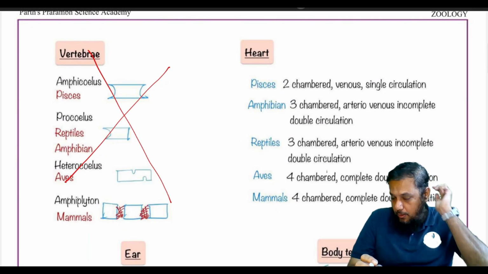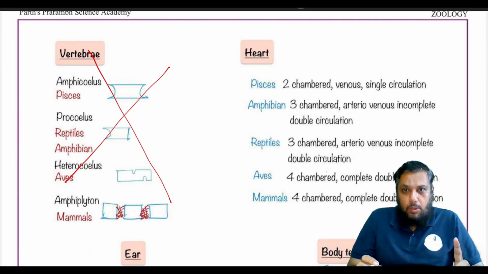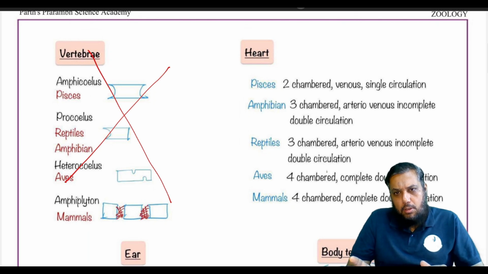One more thing, we have just finished with Cyclostomata. Here the next group includes two superclasses. One is superclass Pisces, and the other is superclass Tetrapoda. Superclass Tetrapoda will have Amphibia, Reptilia, Aves, and Mammalia.